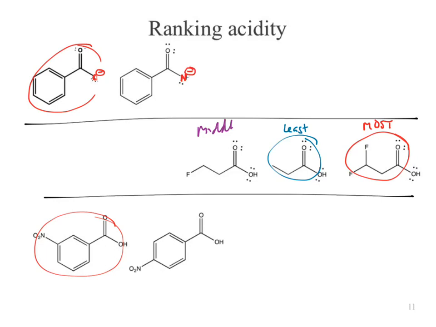Okay, so we'd start with charge. Same charge. Then we move to size. They're the same. Nitrogen and oxygen are in the same row. Then we move to electronegativity. Which one's more electronegative, oxygen or nitrogen? Oxygen, which means what is it doing to its electrons?